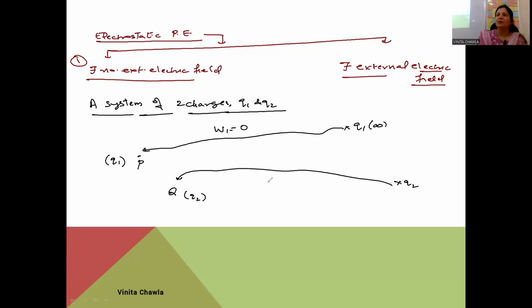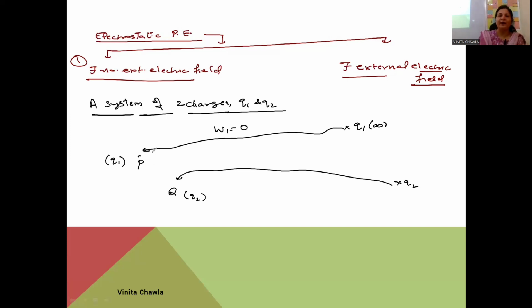Will there be or not? See, this is placed very close to Q1. So Q1 has its own electric field, right? And this charge is placed in the electric field of Q1. This charge has to do some work.